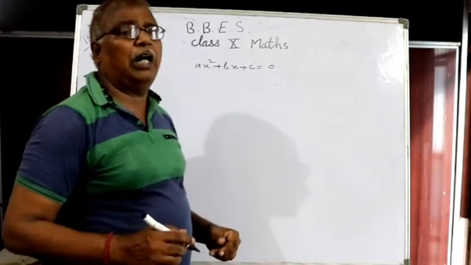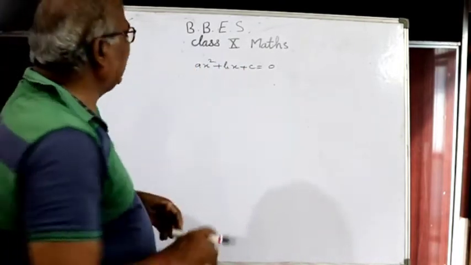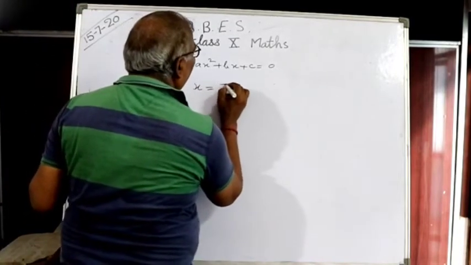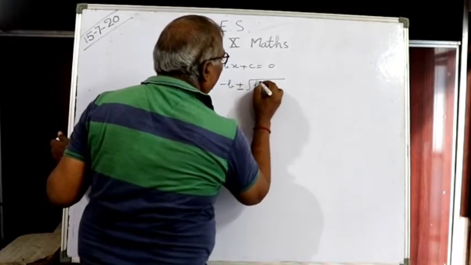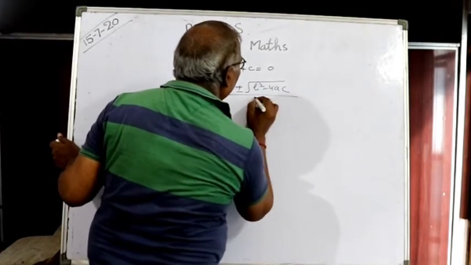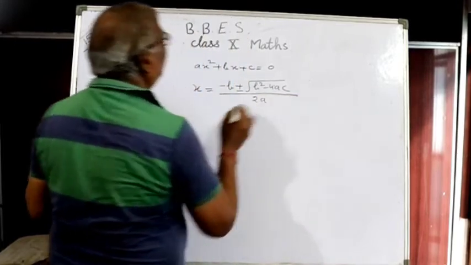Using this formula, we can find the roots of the quadratic equation. The formula is x is equal to minus b plus minus under root b square minus 4ac upon 2a.